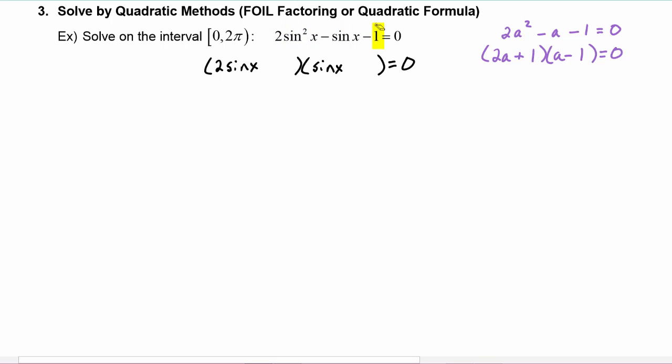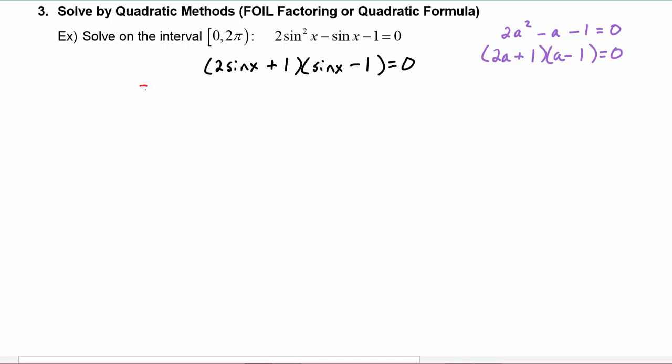The only way to get 1 is with a 1 and a 1. We need the middle term to have a coefficient of negative 1, which means this outer term needs to be minus 2 sine of x, and the inner term needs to be plus 1 sine of x. So there's our factoring.